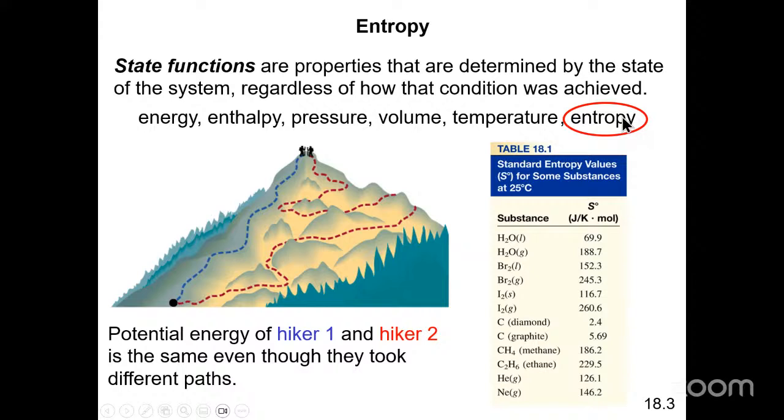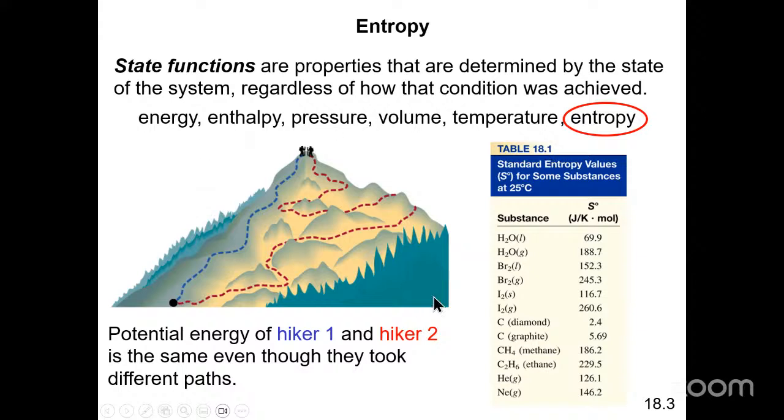So entropy can be measured, and entropy is a state function. State functions, just to remind you, are properties of different substances that depend on things like the state and temperature. You've met some state functions before, like enthalpy, volume, pressure.